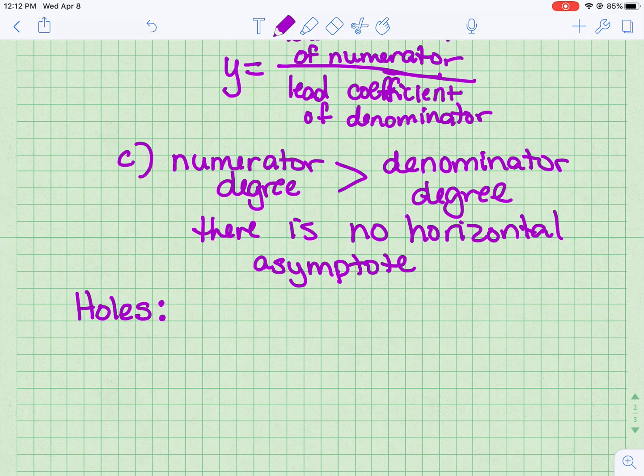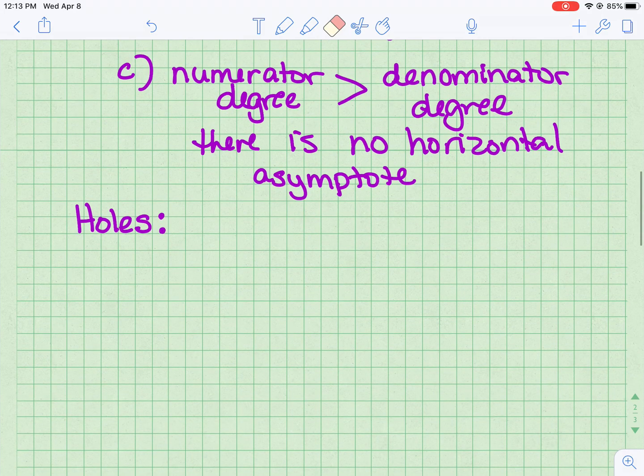So this is if the original function, well, let me read it and make sure I do it right. If you simplify something out that would have created a 0 in the denominator, that becomes a hole. So I'm trying to think how to say this where it's not so mathematical.